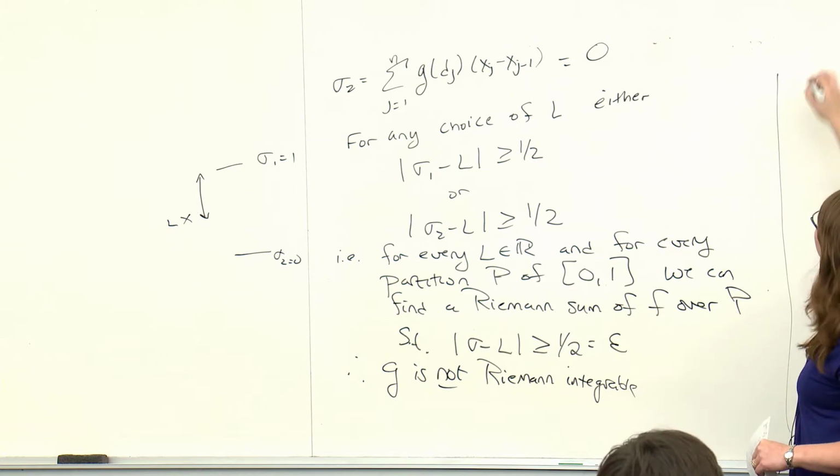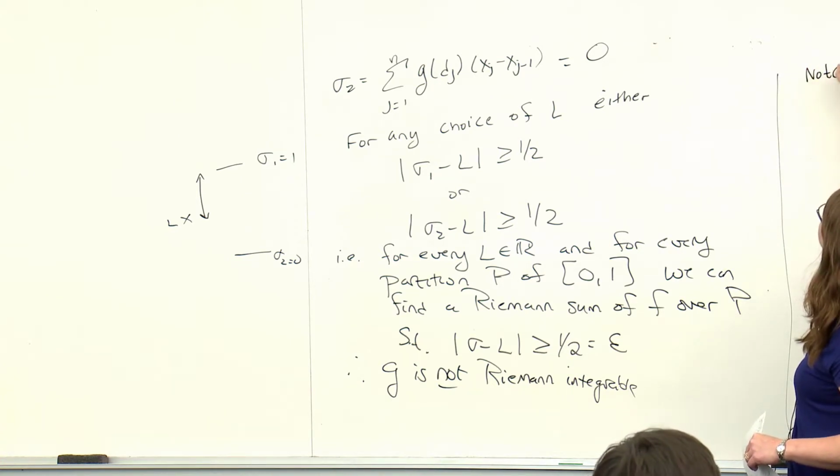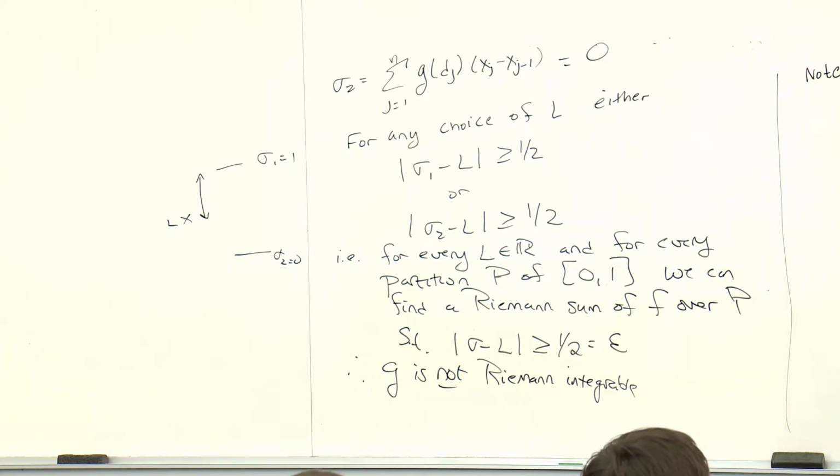So I'll just put a note here. We actually did this calculation at the end of 481 last year. We had some time left over, and we worked this out. If you use the Lebesgue integral instead of the Riemann integral, the integral is 0.